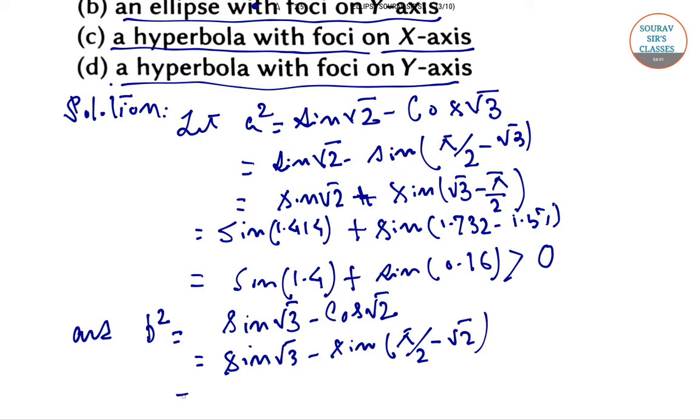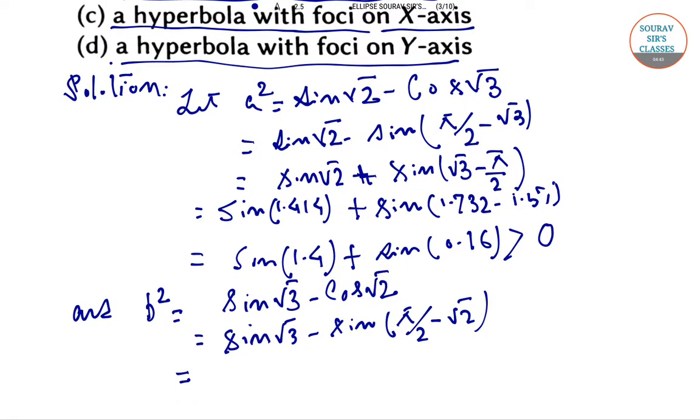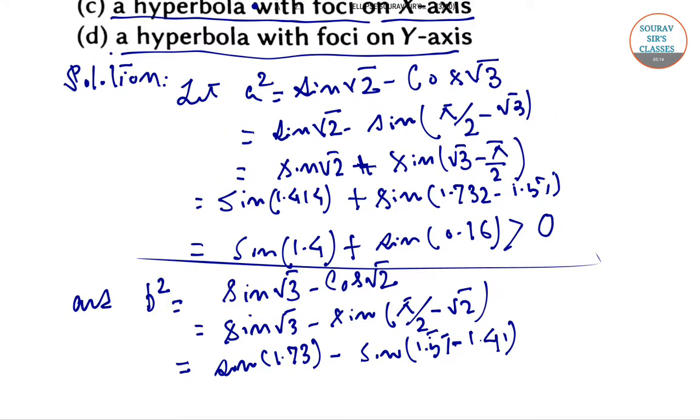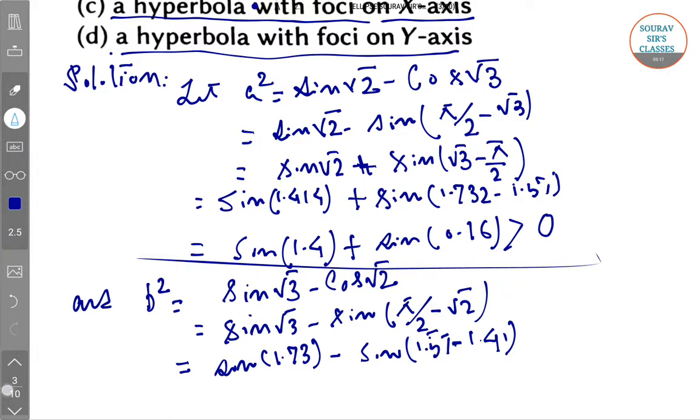Again, we have sine 1.73 minus, again writing 3.14 divided by 2 as 1.57, minus 1.4.